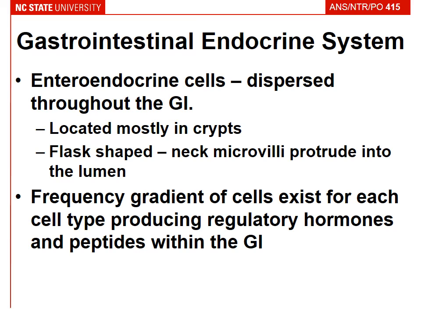And the frequency of the gradient exists for each cell type producing the regulatory hormones and peptides within the GI tract. So all of them are utilizing a gradient, and all of those gradients differ depending on the main hormone that they are secreting.